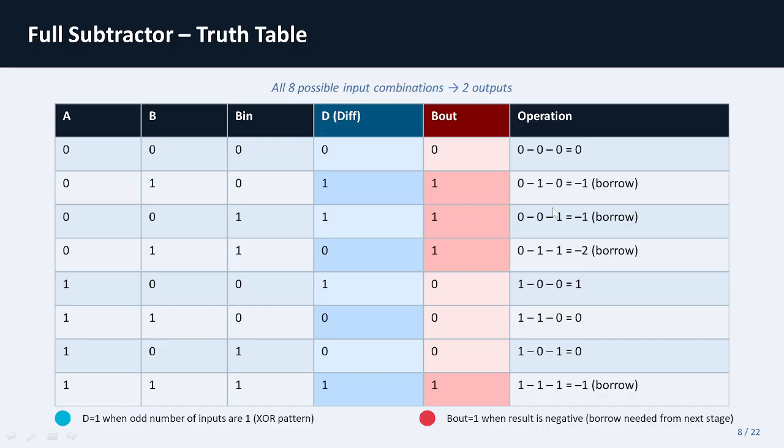So if you align this 0 minus 1 vertically, 0 minus 1 minus 1, you are going to write minus 2. If you expand this minus 2 in the binary form, you are going to write it as minus 10, right?